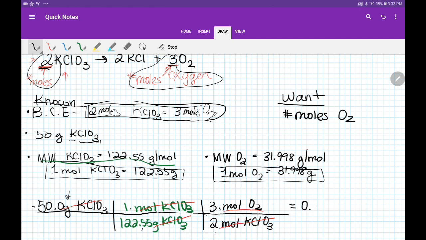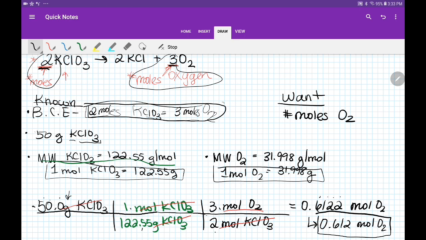Your answer is going to look like 0.6122 moles of O2, but because you're given something with 3 significant figures, probably keep it at 3 significant figures. This one has 4 significant figures, so 0.612 moles of O2 is a good number of significant figures. And we are all set. So that's an example of stoichiometry involving grams and moles.